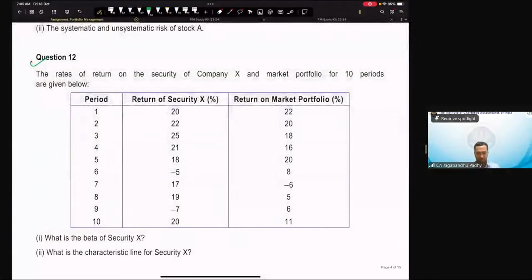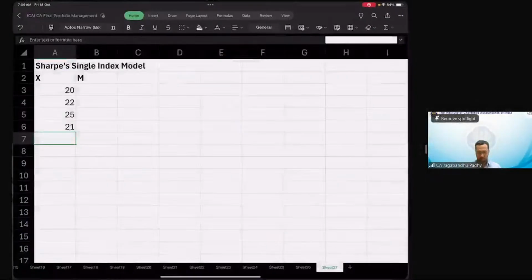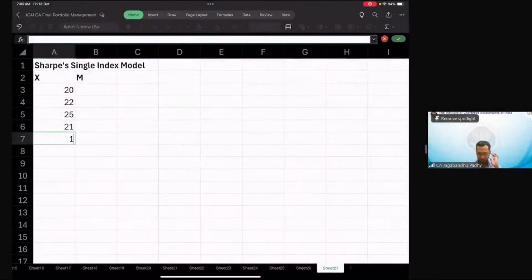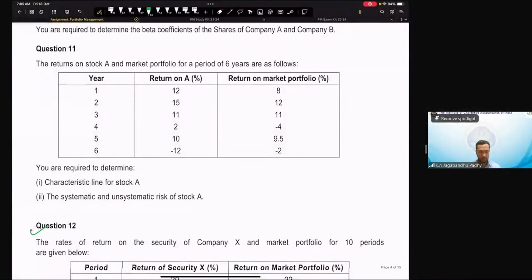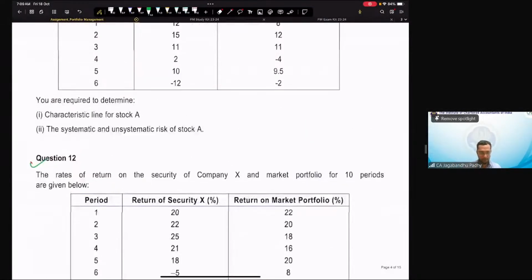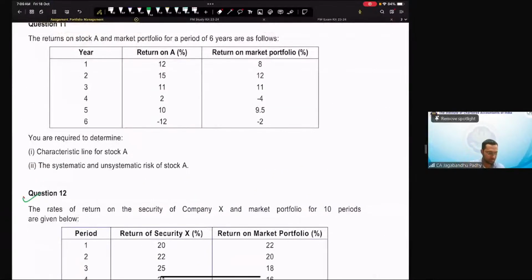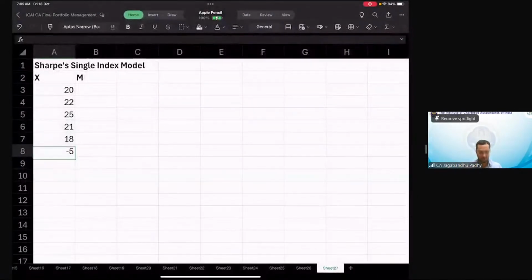Now the data is like 20, 22, 25, 21, 18, minus 5. Let me just do one thing. Let's keep the calculation a bit crisp. So let me just take this 11th question, guys, because this also will serve the purpose. So we don't want to get lost in the calculation.